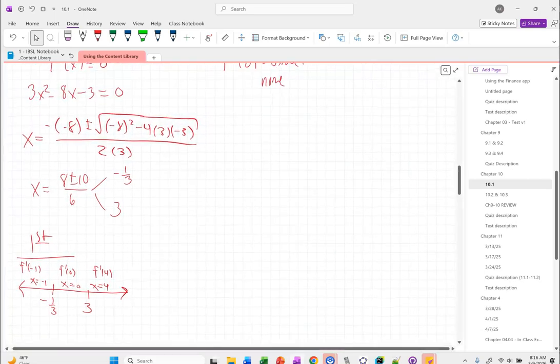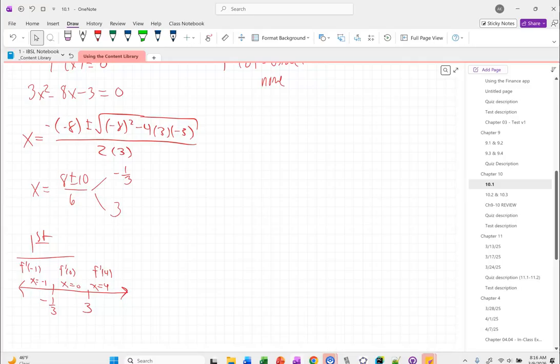All I really care about is the sign, right? So if I plug in -1, I have 3 plus 8 minus 3. It's positive. If I plug 0 in, I have 0, 0, minus 3. If I plug 4 in, I have 48, minus 32, minus 3.